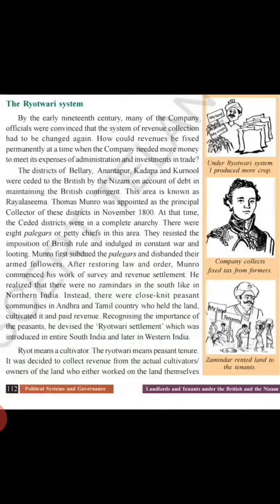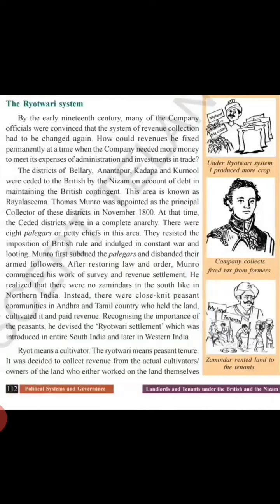Munro first subdued the poligars and disbanded their armed followers. After restoring law and order, Munro commenced his work of survey and revenue settlement. In the first stage, children, Thomas Munro brought complete law and order, because there was an absence of government, that is, anarchy prevailed.